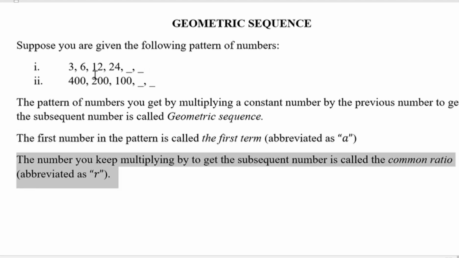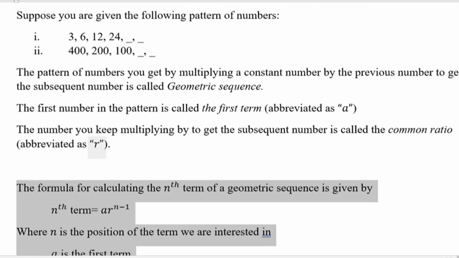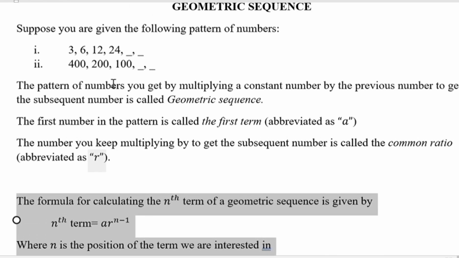The number that you keep multiplying by the term so that you get the next term is what we call the common ratio, and it's denoted by a small letter r. Suppose we are required to get a term which is so large, like we want the 1000th term.